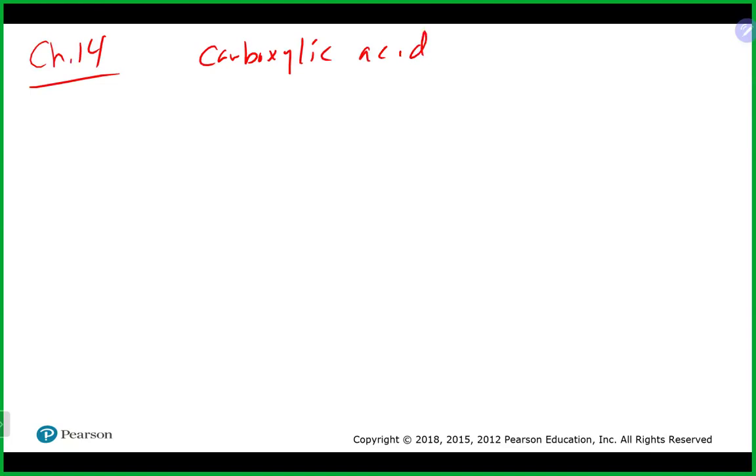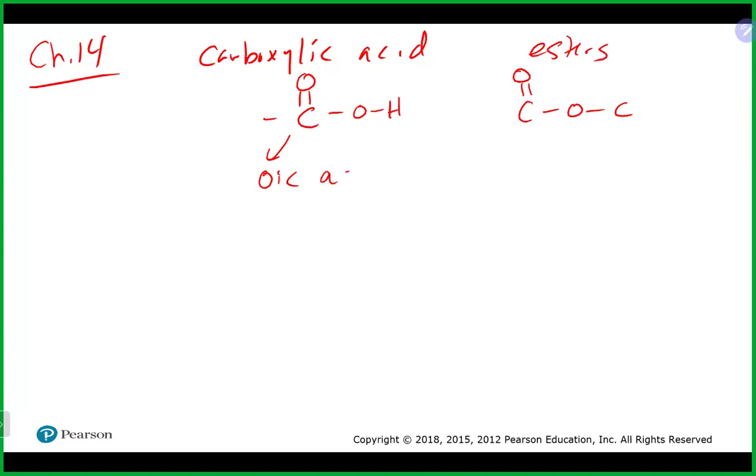And the carboxylic acid has a functional group of carbon, oxygen, double bond, OH. And we also talked about esters, which have carbon, double bonded oxygen to a carbon. These here are named with oic acid at the end of it.